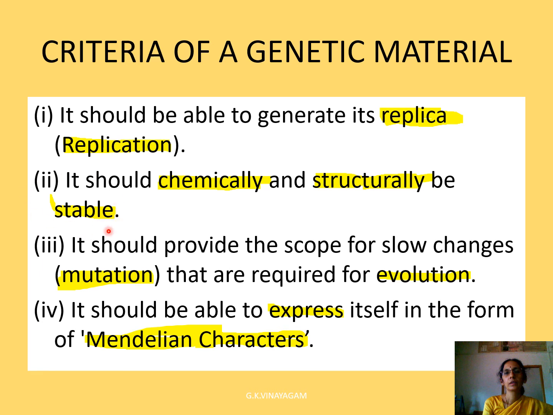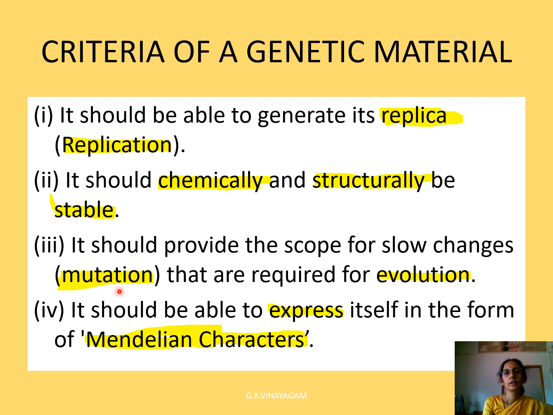In case of Griffith's effect, you have studied that the heat-killed S strain of bacteria, when mixed with living R-type and injected into the body of a mouse, the mouse died. Because when we apply heat it has killed all the macromolecules, but DNA alone was alive. That means it is chemically and structurally stable. It has even resistance to heat.